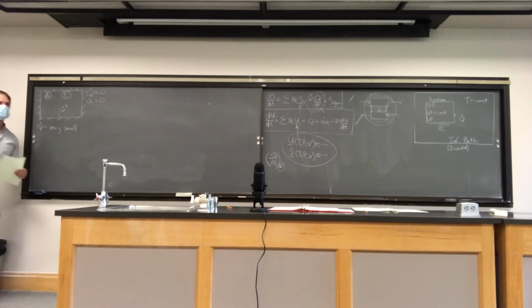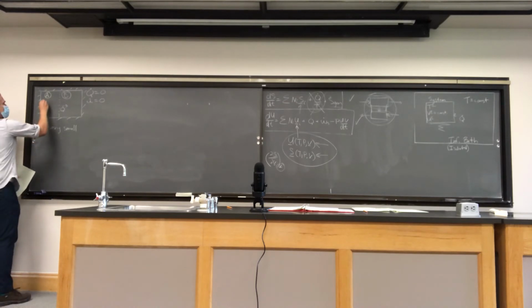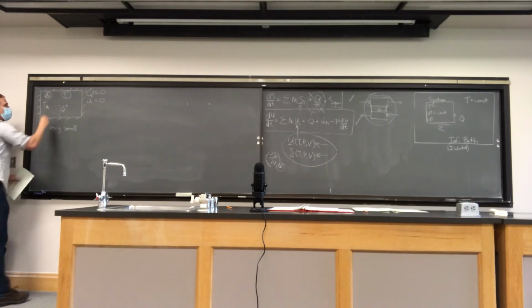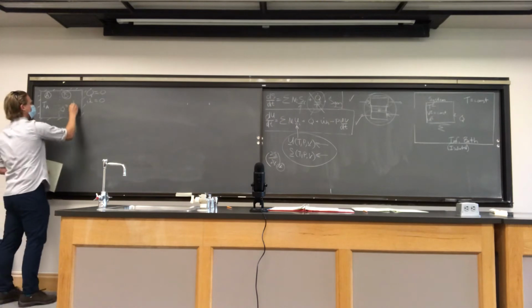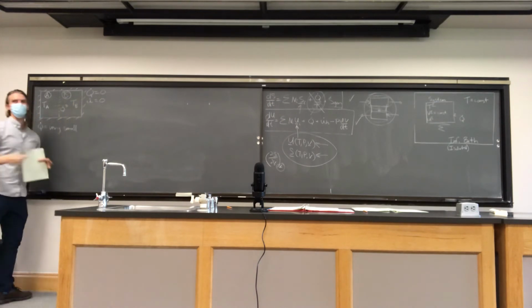Now this could be if I have a really thick styrofoam barrier or an insulating barrier between chamber A and chamber B. That assumption allows me to make a subsequent one, that the temperature inside chamber A is homogeneous, meaning that there is no gradient inside chamber A, and that the temperature inside chamber B is homogeneous.